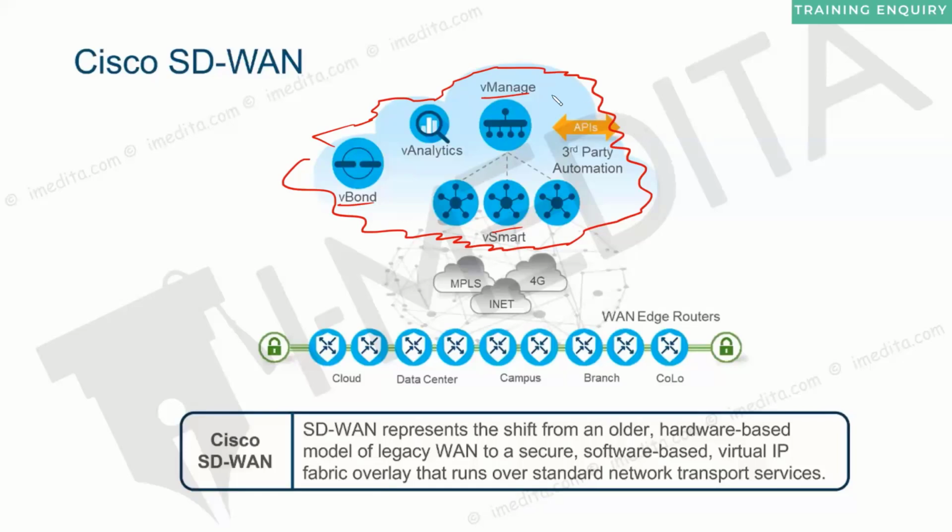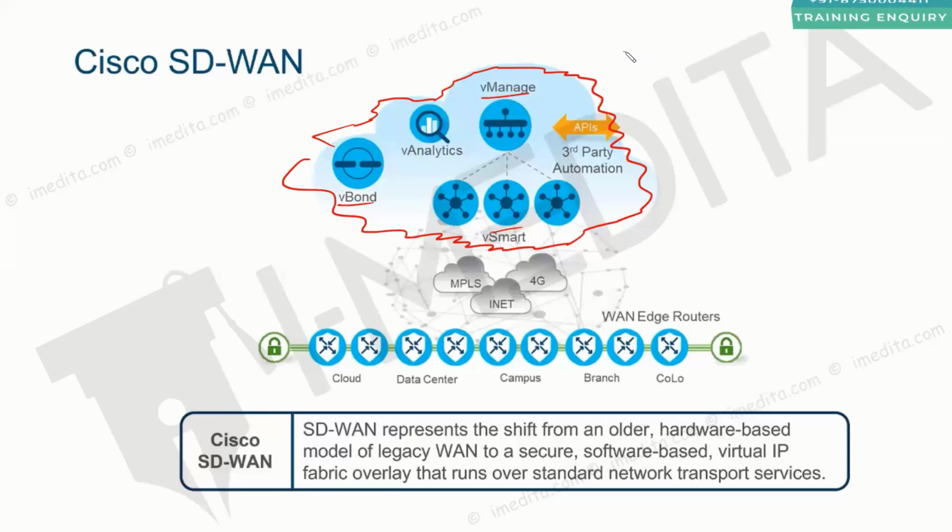But before I go for that, I would also like you to know that Cisco is obviously not the only vendor providing this SD-WAN solution. There are many other vendors out there in the market. I can give you a couple of names, such as VeloCloud, which is from VMware.